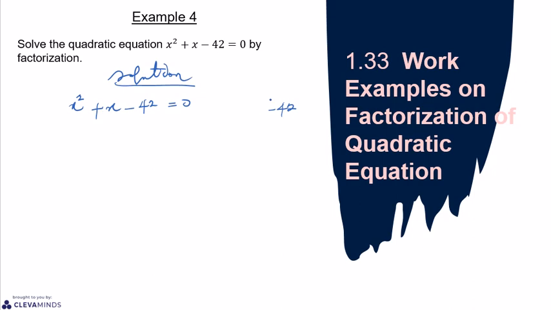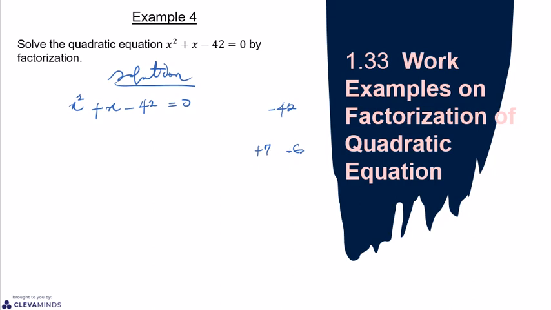If you think deeply, without wasting much time, that will give us 7 and 6. Remember, 7 multiplied by 6 will give us 42. But how do we write 7 and 6 such that it satisfies this? That is plus 7 and negative 6.